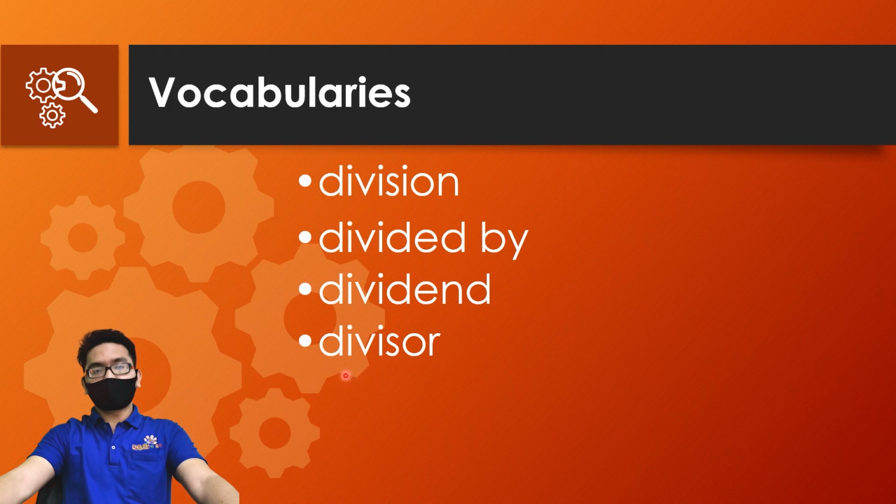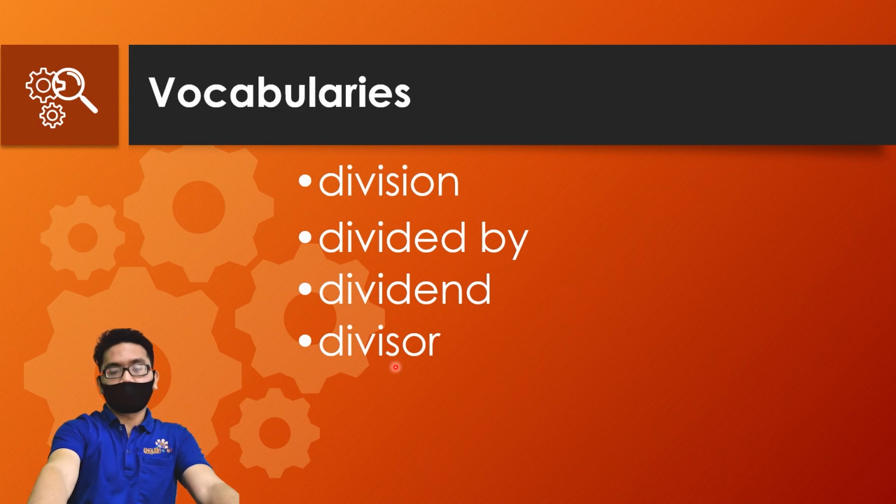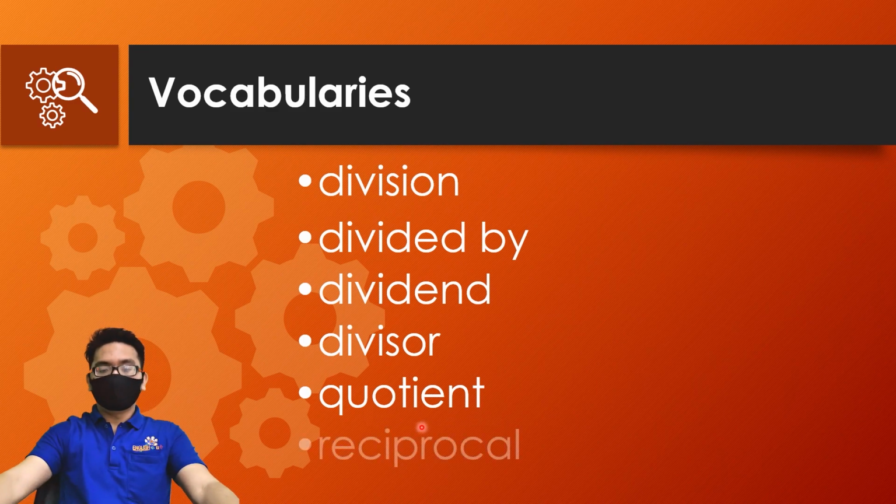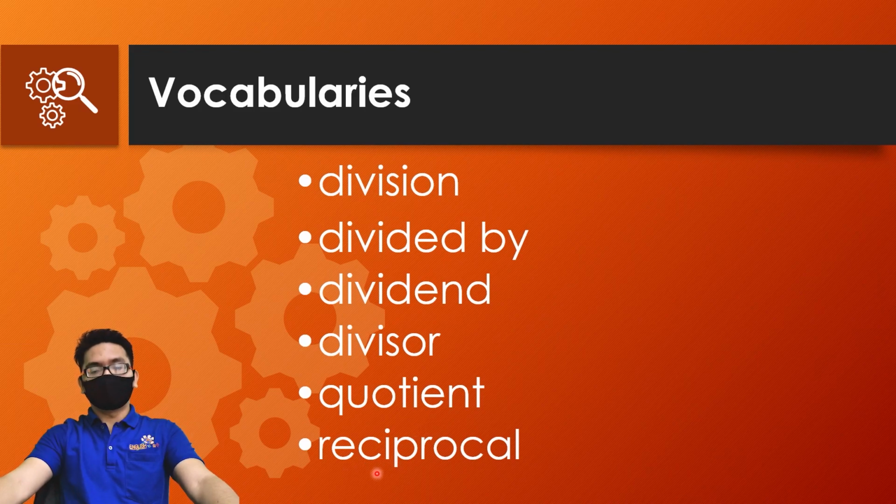Next, divisor. Very good. Next, we have quotient. Correct. And last, we have reciprocal. One more: division, divided by, dividend, divisor, quotient, and reciprocal.